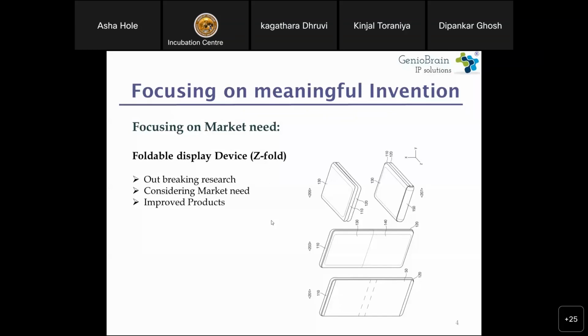Can you see now this slide, types of intellectual property rights? Madam, slides are not moving. Can you see the screen? Yes, but only slide number 4.